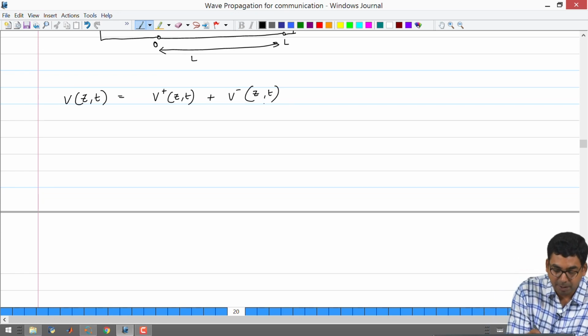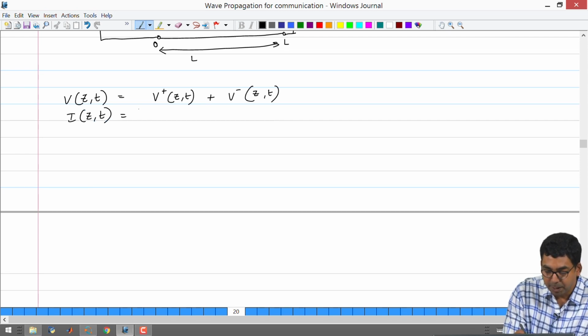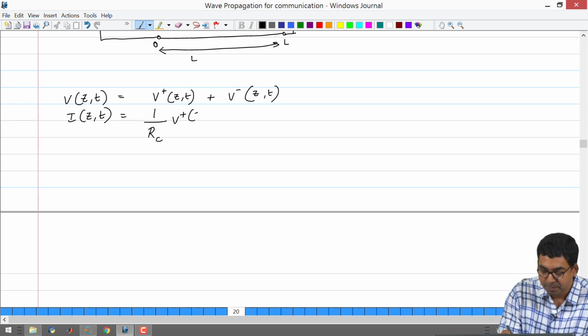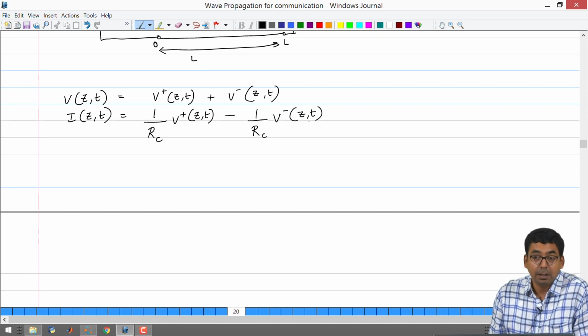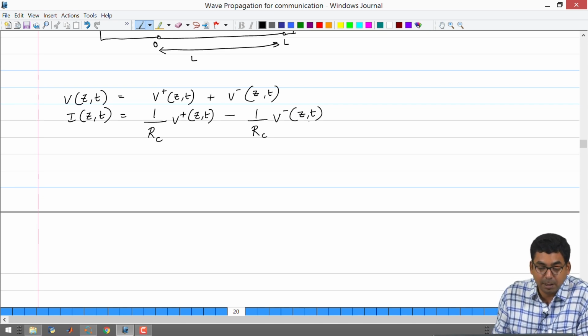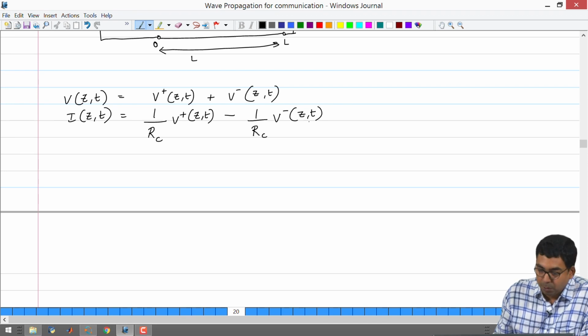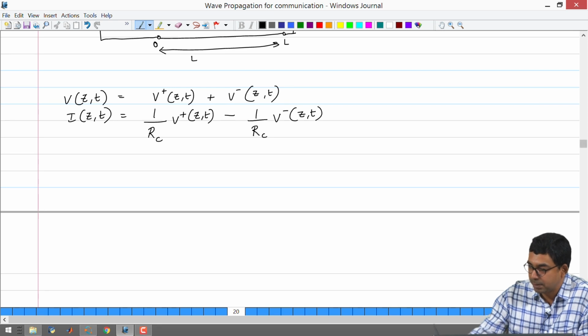And the corresponding value of current in your transmission line is going to be 1 by characteristic resistance times V plus of z comma t minus 1 by Rc V minus of z comma t. Okay. This is how the voltages and the currents are going to be in the transmission line. Okay. Now, let us zoom into the part where the load resistor is connected.